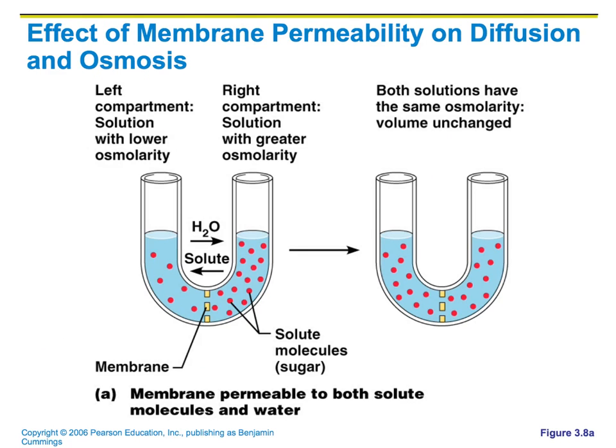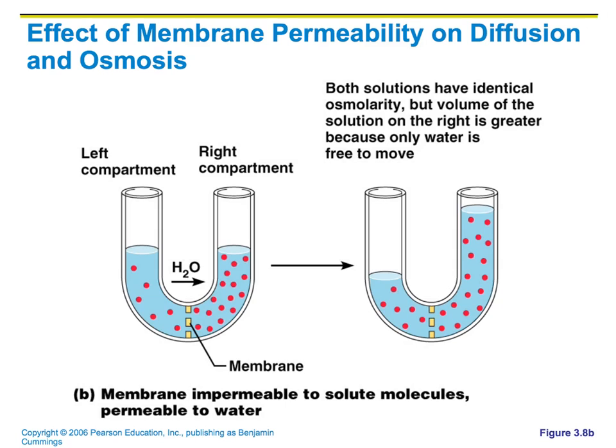In terms of osmosis, we dealt primarily with semi-permeable membranes that allowed the water to move across, but not the solute. This creates the movement of water in one direction or the other and creates that swelling or shrinking of the cell.